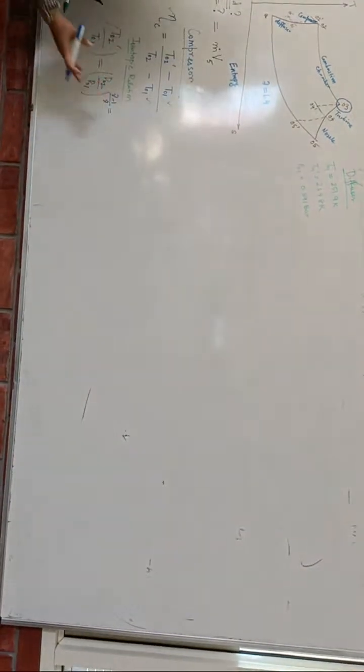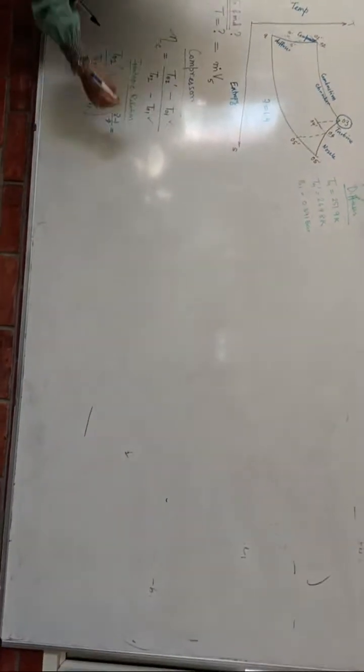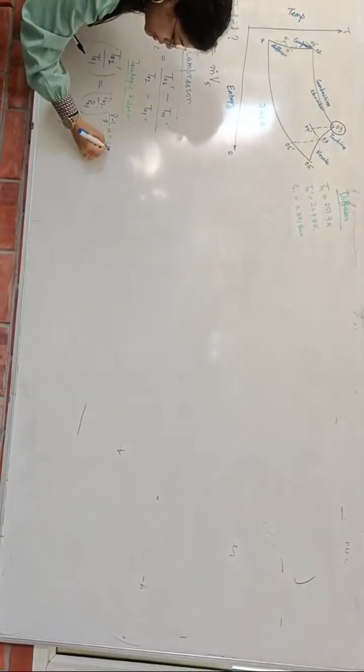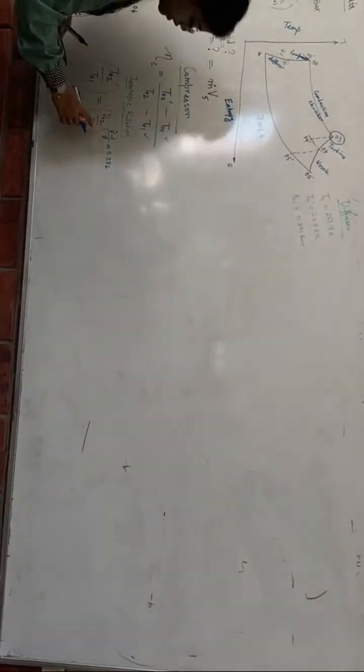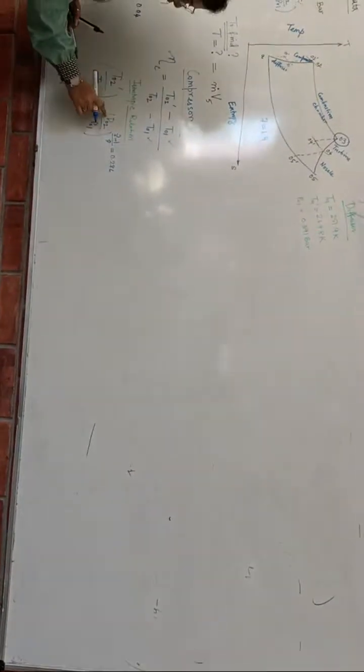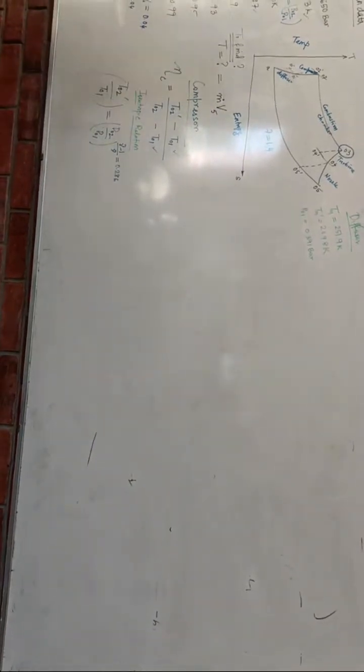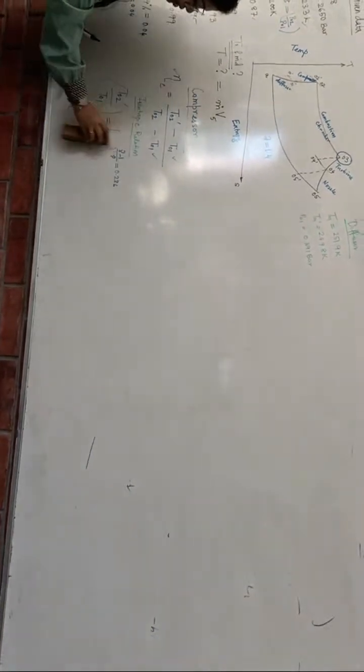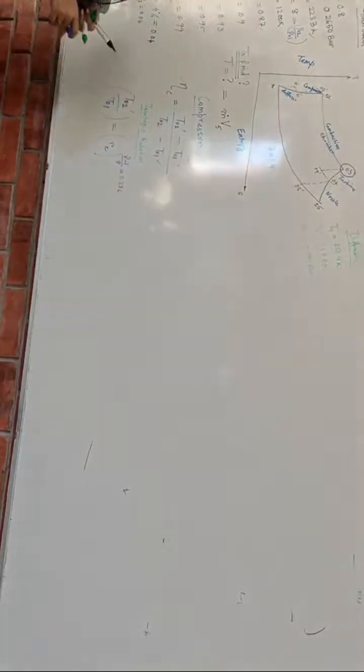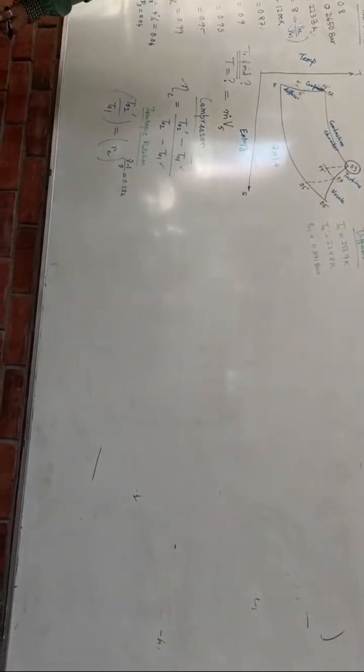So what is this value? We already previously calculated, that is 0.286. So in place of P02 by P01, I am going to replace this with the RC, because RC value is given. All of you are following?